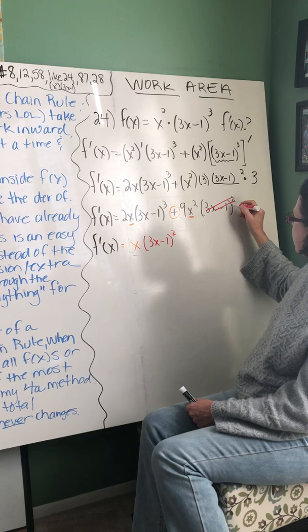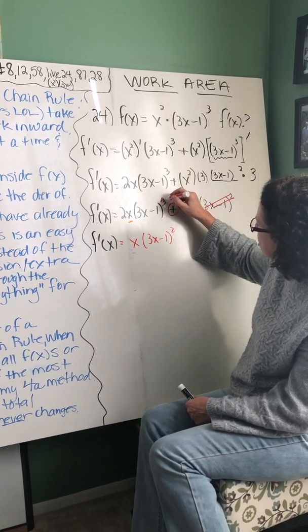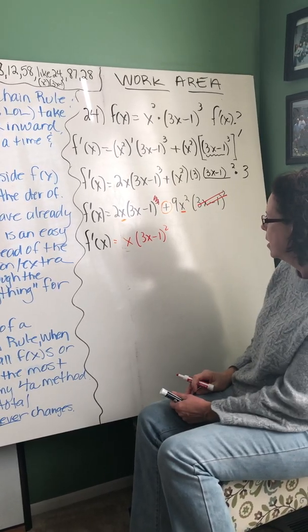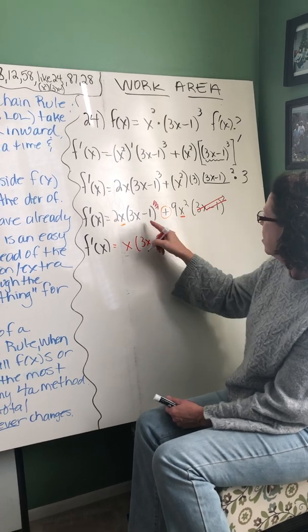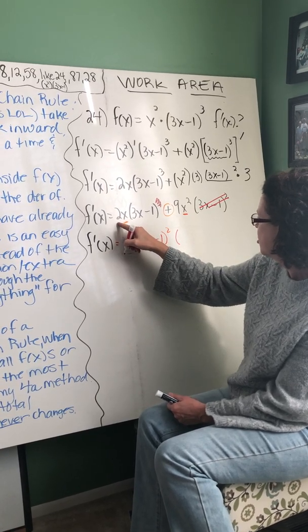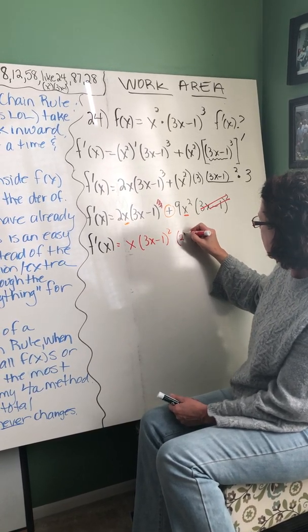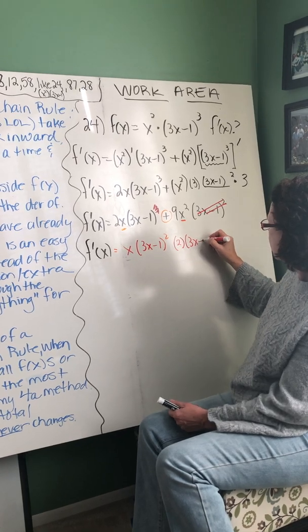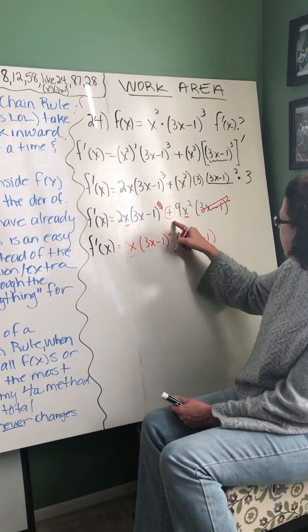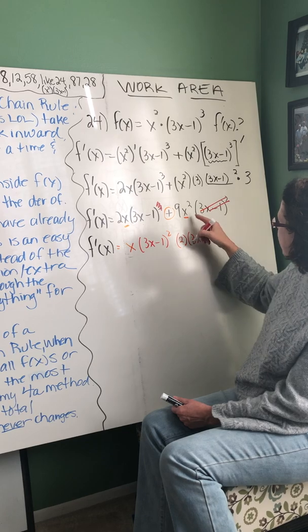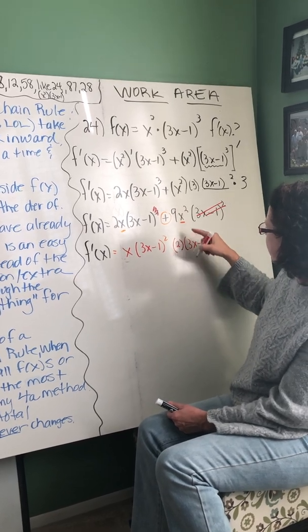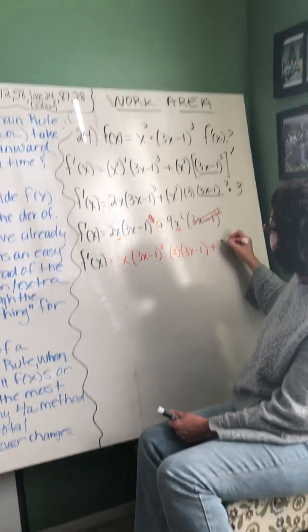So I have already factored this out and I have 1 left from this term. Now let's write what's left. What's left in this term is a 2 and a (3x minus 1), plus what's left in this term here is a 9x.